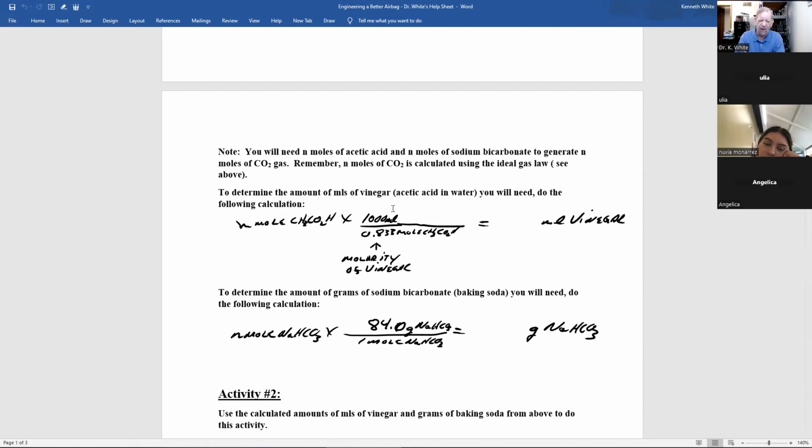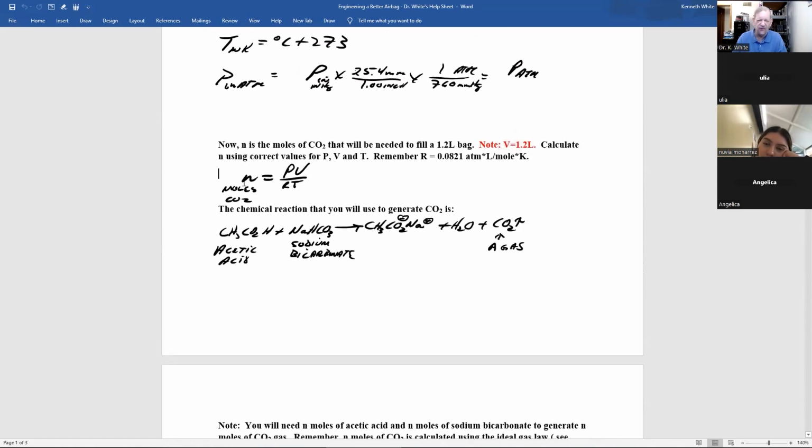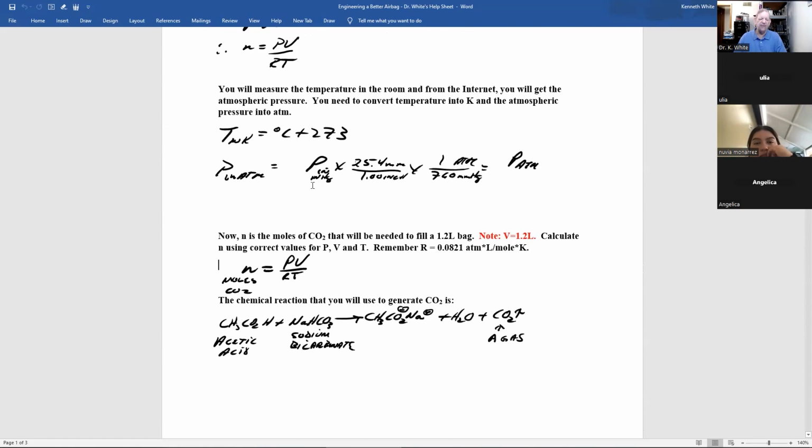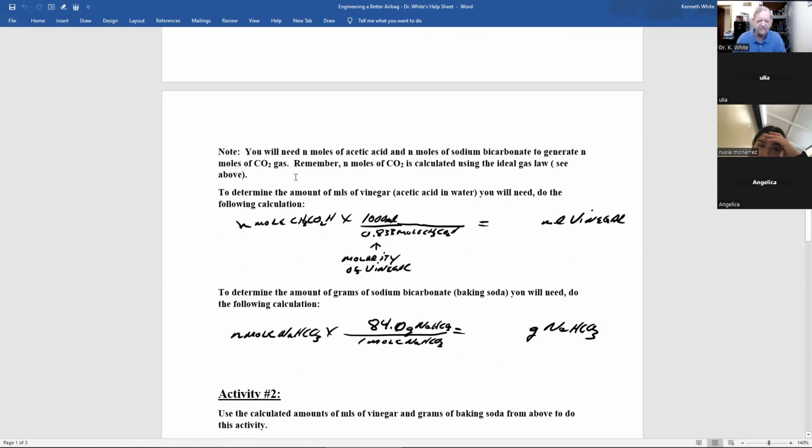Remember, N moles of CO2 is calculated using this equation right here. And here's V. P you get from Weather Underground, then you convert to atmospheres. Temperature you'll get from your thermometer, and you'll add 273 to get temperature. Put those in there, you'll get N.